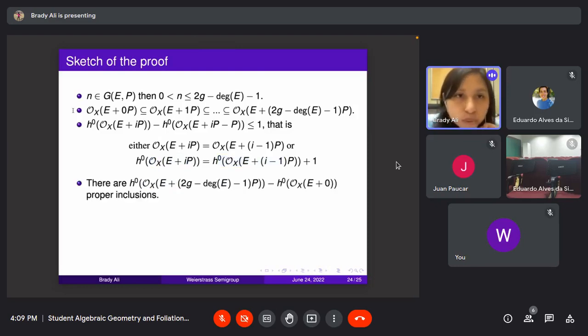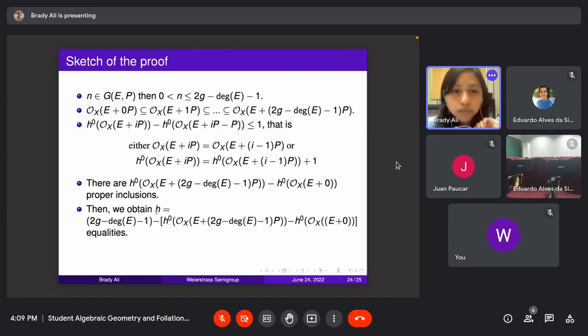Since we want to compute the cardinality of this set, we are interested in seeing how many of these spaces are equal. The dimension of this space minus the dimension of this space gives us the number of proper inclusions. So 2g minus the degree of E minus 1, minus the number of proper inclusions, will give us the number of equalities in this sequence.